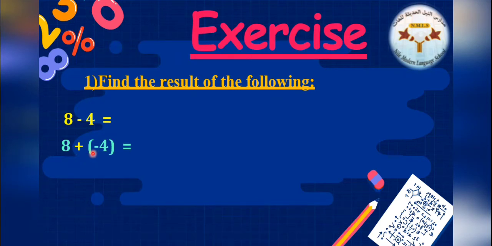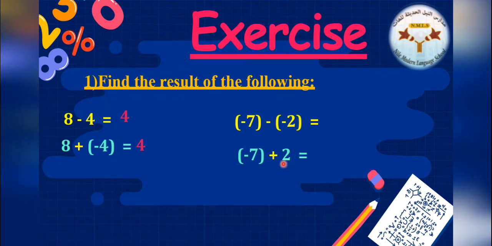Another one, negative 7 minus negative 2. I will change the subtraction sign, the minus, into plus. So it will be negative 7 plus. What about negative 2? Negative, I will change it into positive. Negative 7 plus 2.